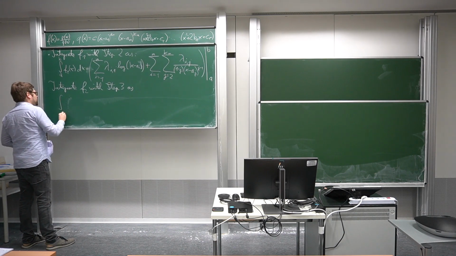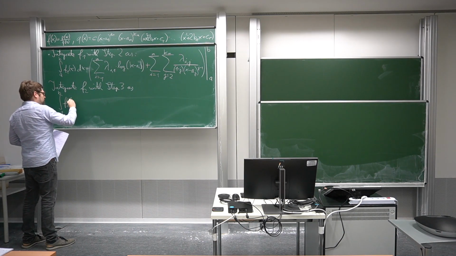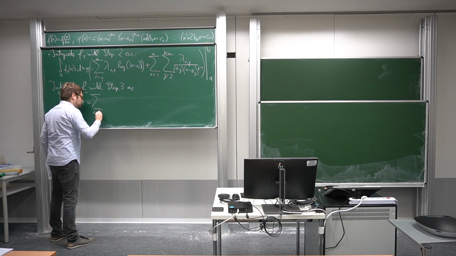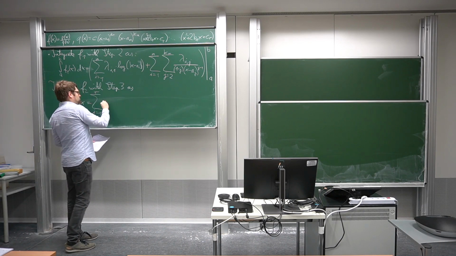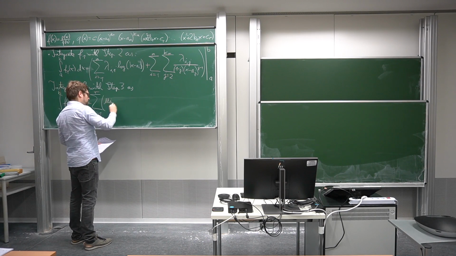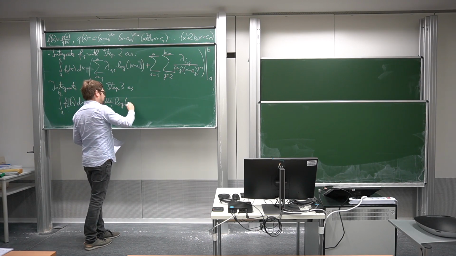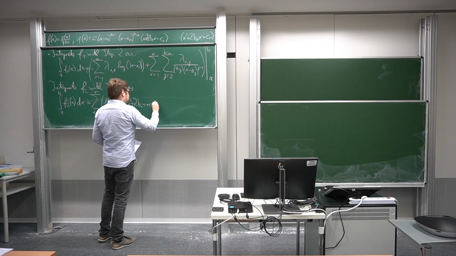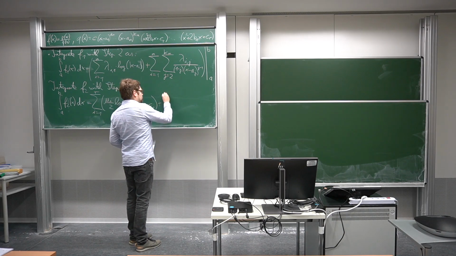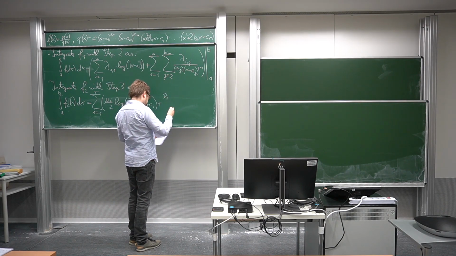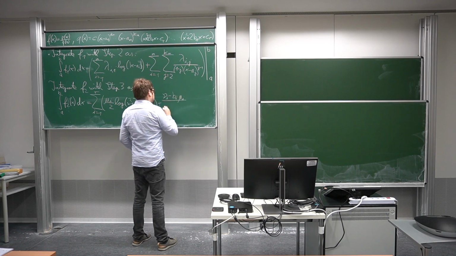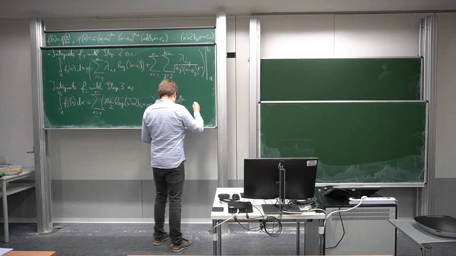The integral from a to b of f2 of x dx is the sum over all i equal to 1 to r, mu i over 2 log of x squared plus 2 bi x plus ci. And now in my new notation, this is just the formula applied. Mu i minus bi mu i divided by the square root of ci minus bi squared.